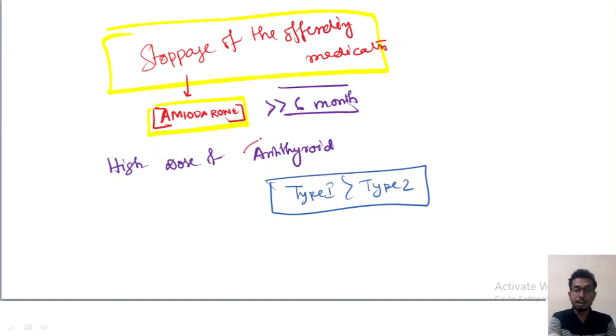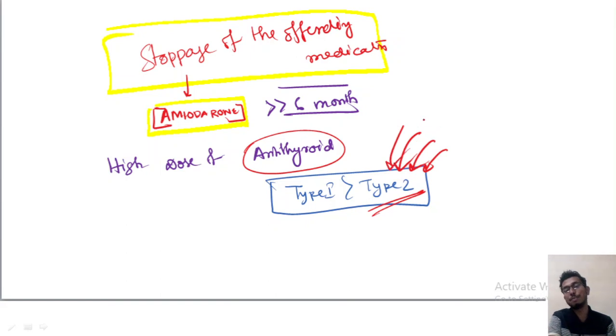Therefore, we give a high dose of antithyroid medication to counteract the action of the thyroid hormone. Whereas in type 2, what is the main pathophysiology? There is damage of the thyroid gland resulting in the release of thyroid hormone. There is inflammation, accumulation of histiocytes. Therefore, the main treatment option is to give membrane stabilizing and anti-inflammatory agents like steroids in type 2. Alright?